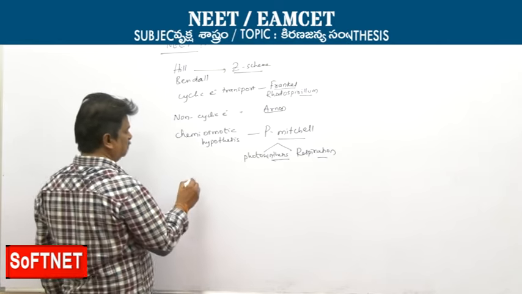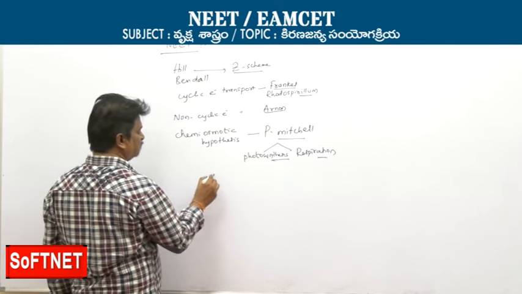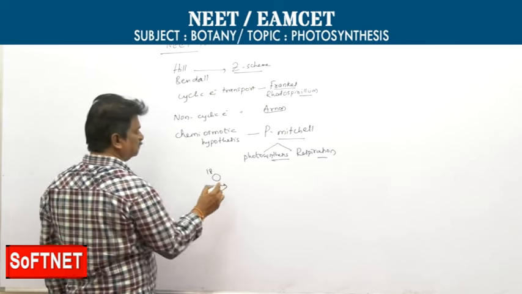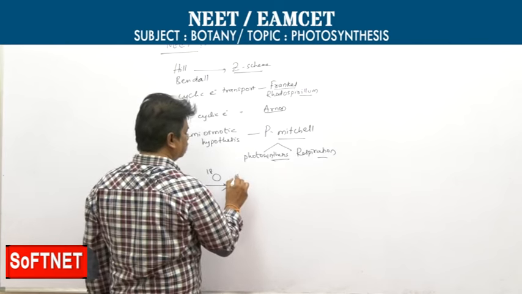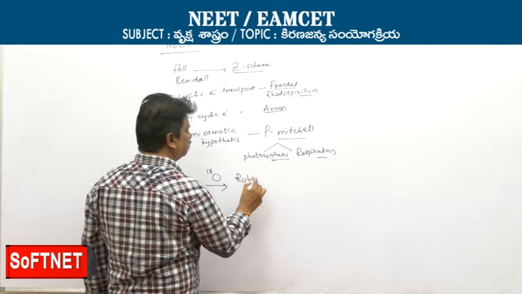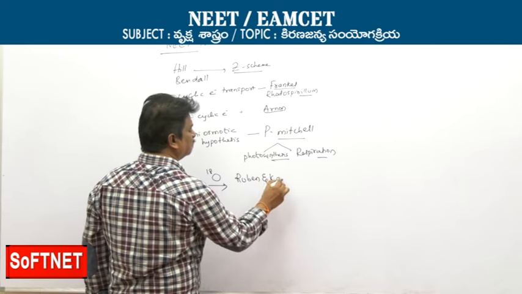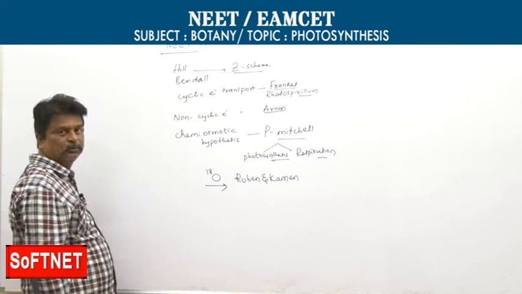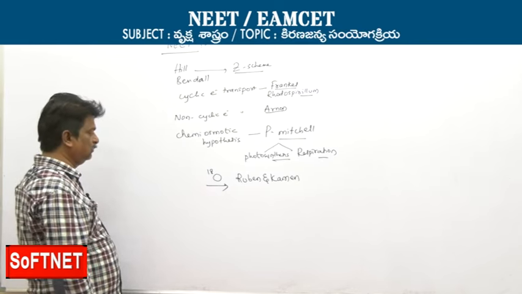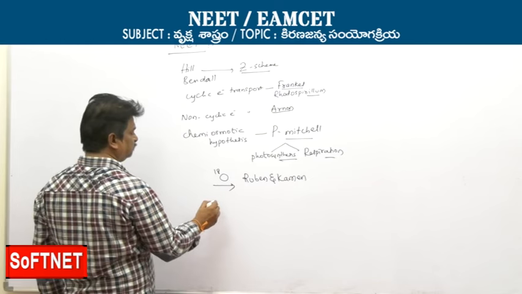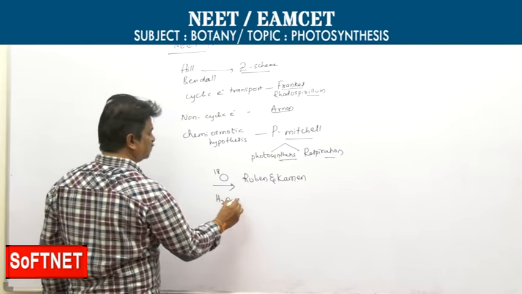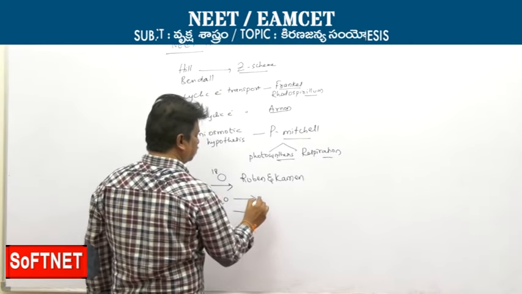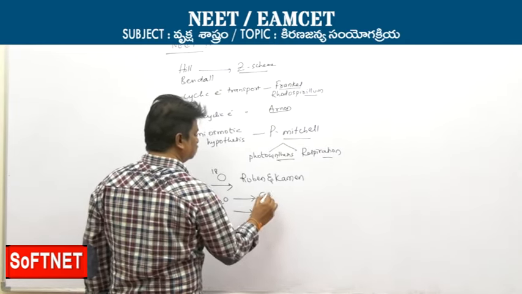Then, oxygen released during photosynthesis comes from water, was experimentally proved by Ruben and Kamen. And during photolysis of water, both macro and micro elements are involved.